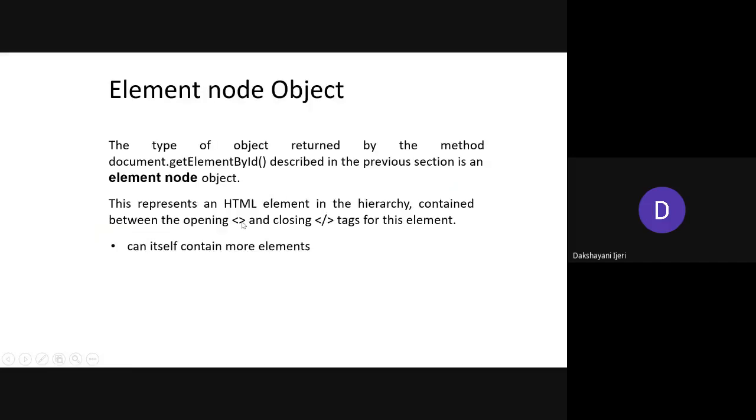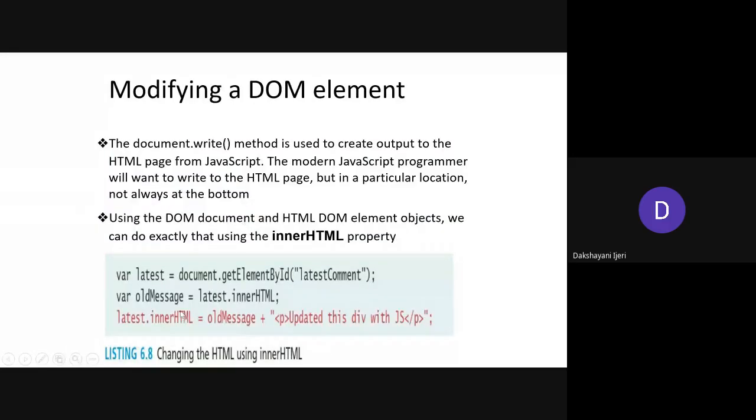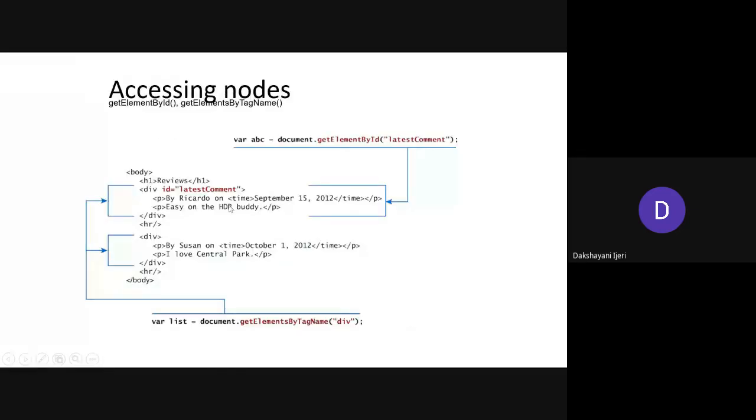It is done by accessing the inner HTML and concatenating the earlier existing message with one more element. We directly take the HTML part of the code as a string to concatenate with the old message. So this entire statement adds one more paragraph to these two paragraphs.